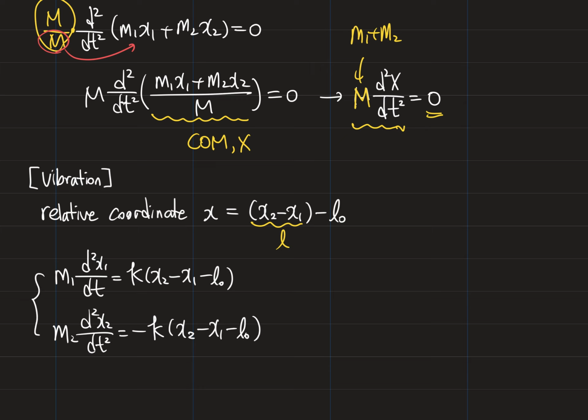I simply rewrite the previous expressions. So now we are trying to subtract these two terms, because we want to focus on the difference between the two positions, x2 and x1, because this represents the length between two masses.